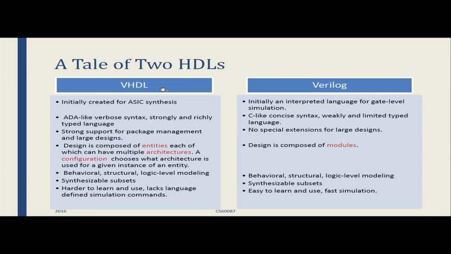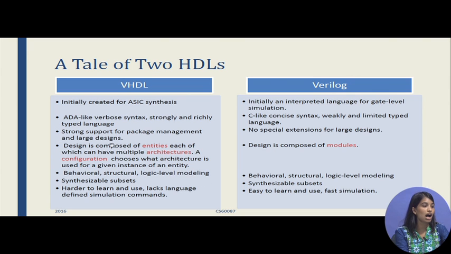VHDL is a very verbose kind of language, and Verilog is a C-like language. So it is very easy to understand Verilog, and it's comparatively harder to understand VHDL. VHDL has package management and supports it for larger designs, but Verilog doesn't have such extensions for larger designs.